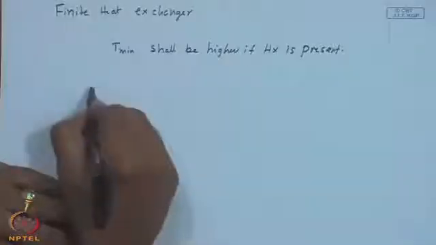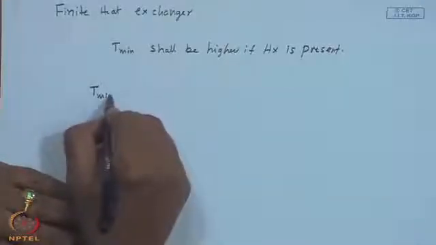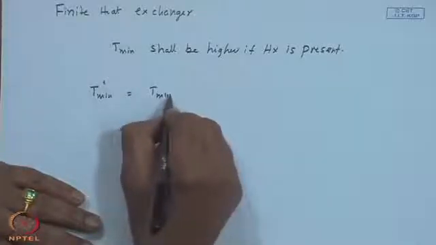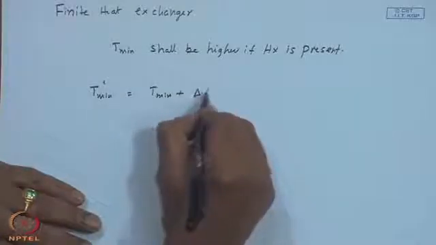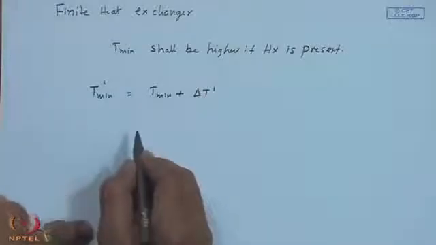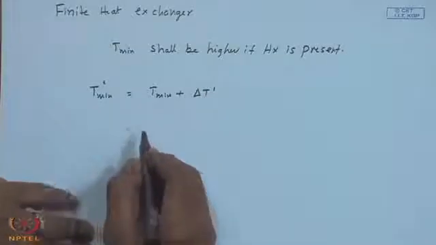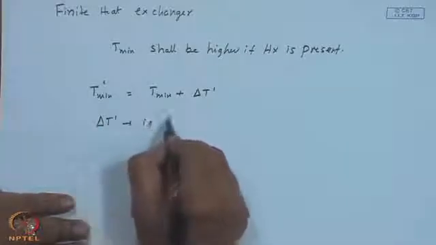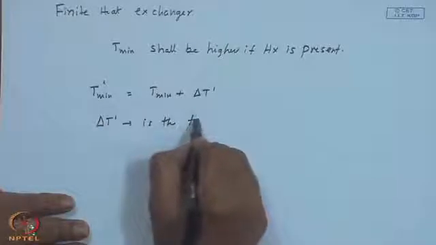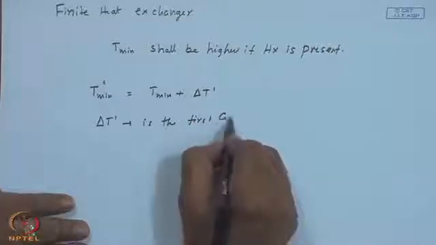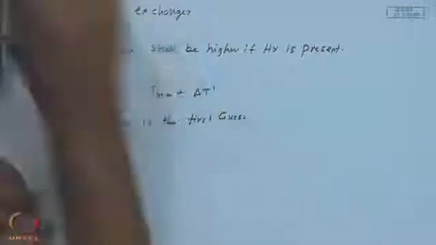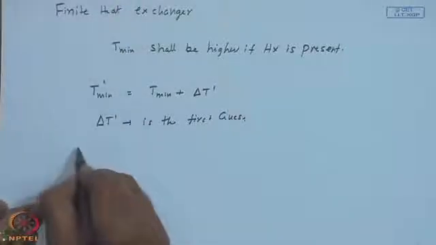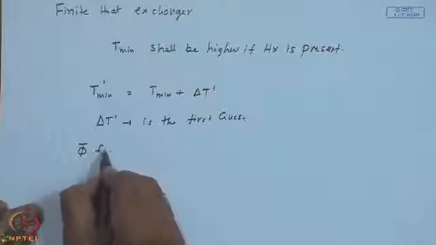So, once again I will assume that T min guessed 1 equals T min plus some delta T 1, which may be 4 degrees, 3 degrees, like that. So, delta T 1 is the first guess. So, we follow a phibar F chart procedure.